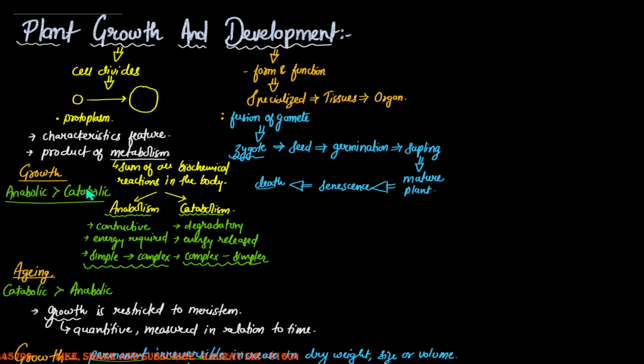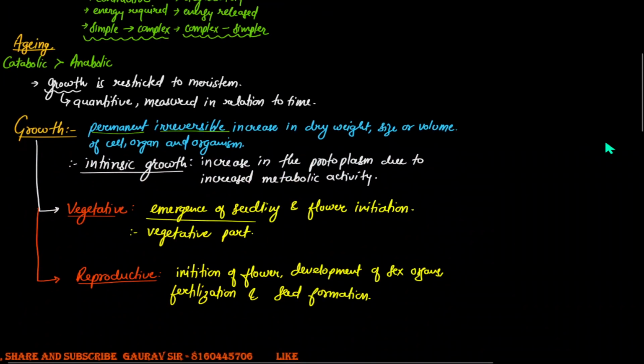Then we also talked about the fact that growth is a characteristic feature of the organism. Growth happens when there are more metabolic activities taking place in an organism, right? We also talked about the fact that growth is an irreversible permanent increase in the size of the cell or its volume or its dry weight. Then we talked about the fact that there are two types of growth, the vegetative growth and the reproductive growth.